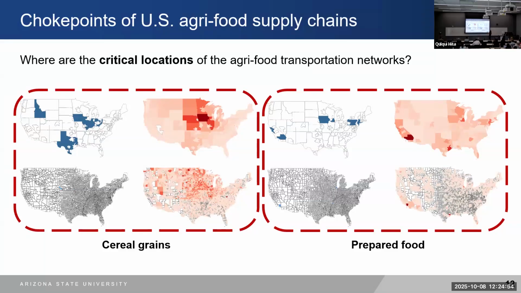And then for the processed food, we chose SCTG7, all processed food together. These are the choke points we identified, which resemble the all-SCTG aggregated results a lot. In terms of mass, they determine more how the aggregated network looks.